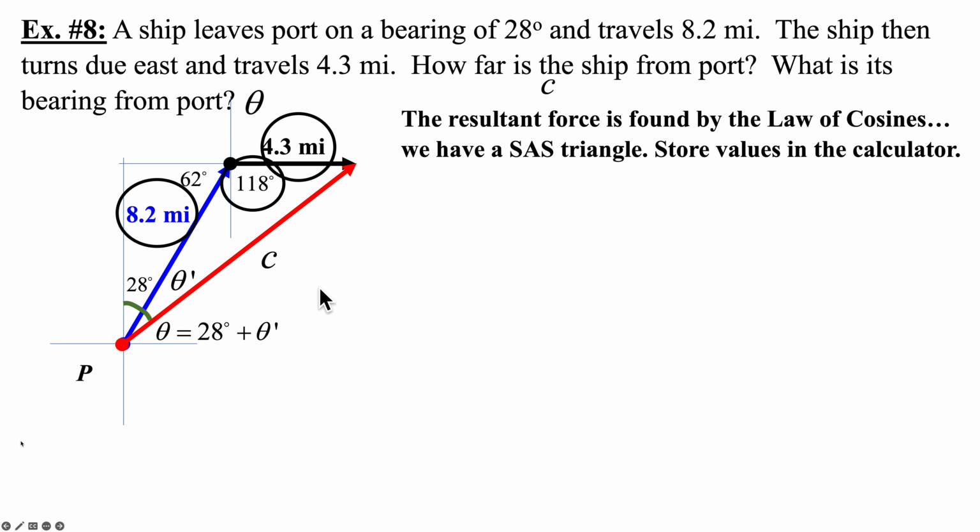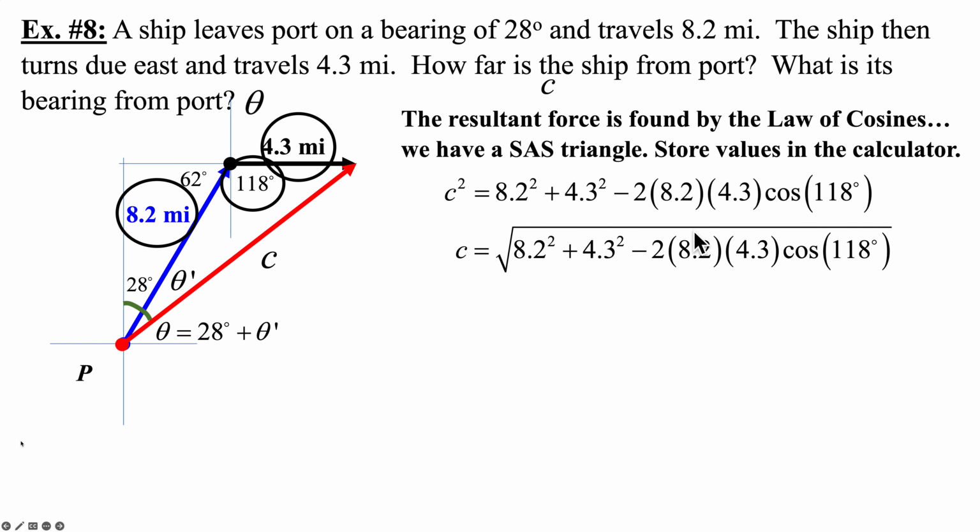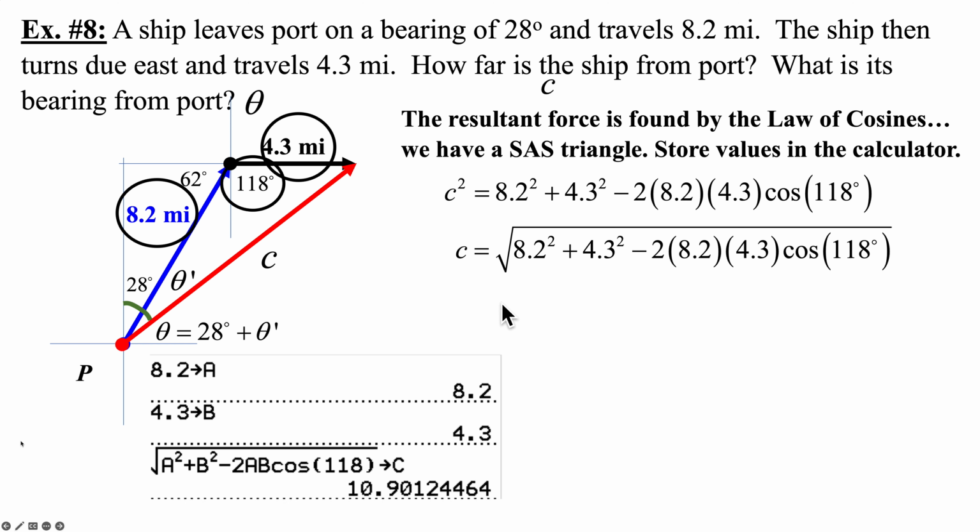So let's take care of finding C, side angle side, law of cosines. C squared equals 8.2 squared plus 4.3 squared minus 2 times 8.2 times 4.3 times cosine of 118 degrees. Then we'll take the square root of all that, and you know me, I start to get those ugly decimals.